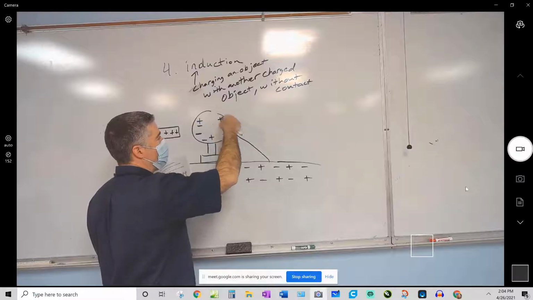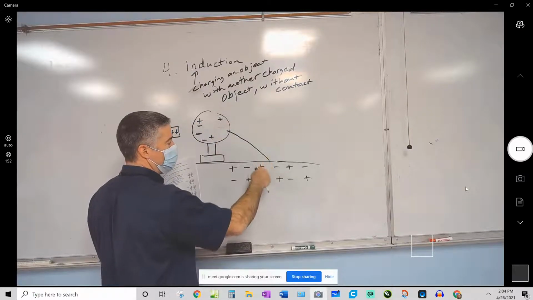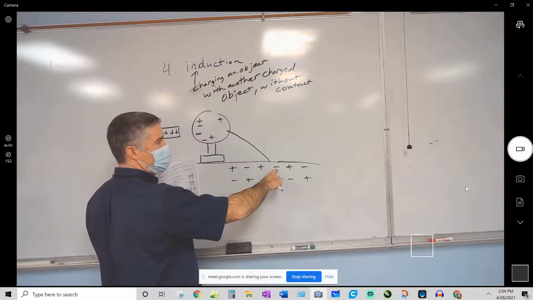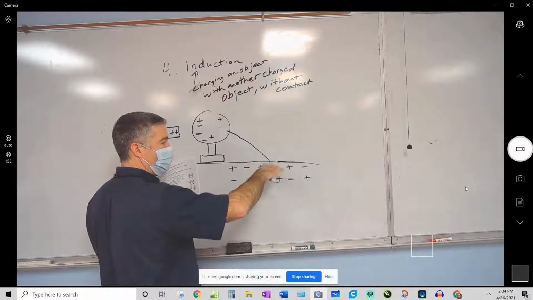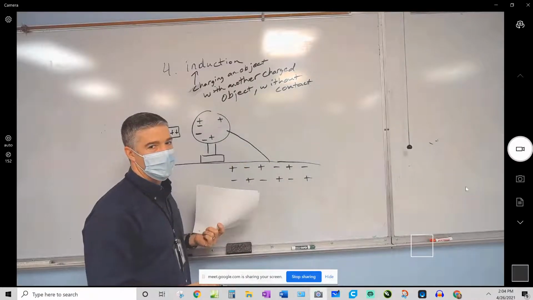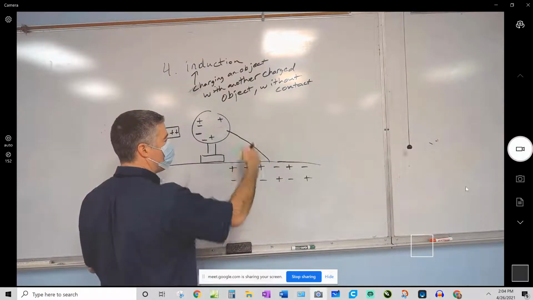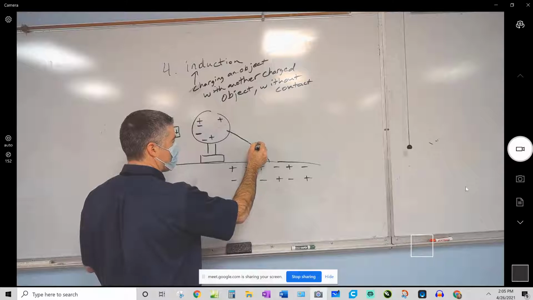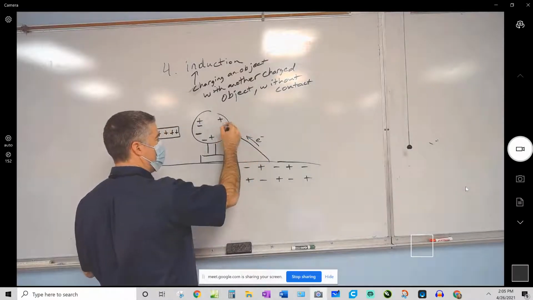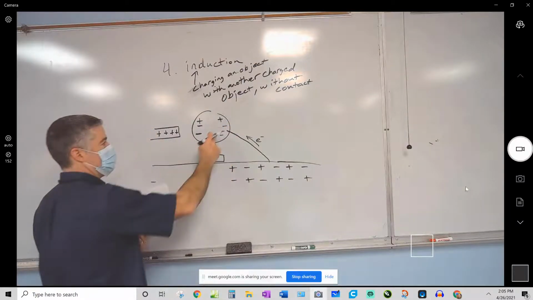So if this is more positive and this is less positive, and these electrons can do what they want, are they going to stay in the less positive, more negative area, or are they going to go to the more positive area? They're going to go to the more positive area. So by forming this connection here, some electrons, I'll just write e negative, are going to go up here and start to fill this in.